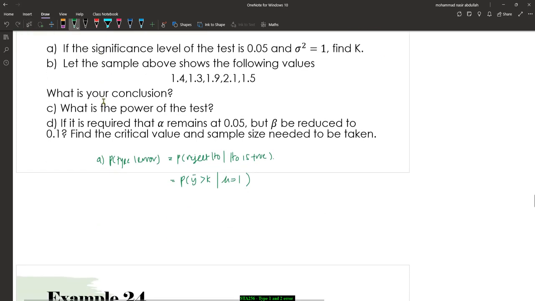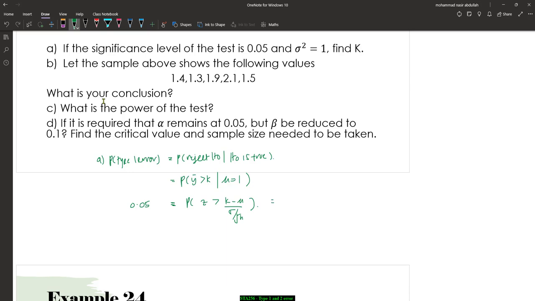So the probability of type 1 error should be 0.05, right? So this one should be the probability of z more than k minus mu divided by sigma over square root of n.